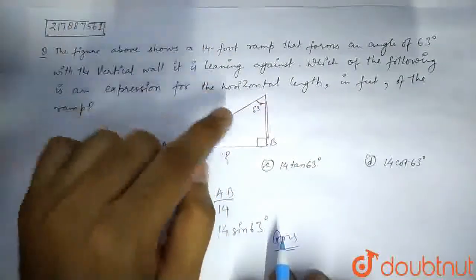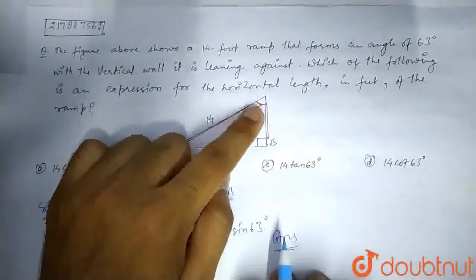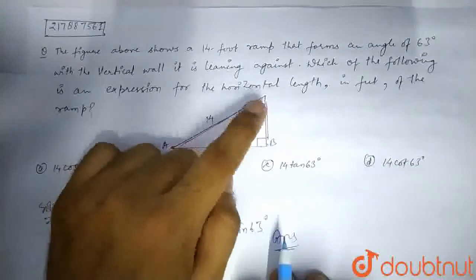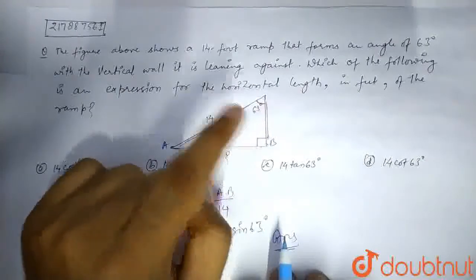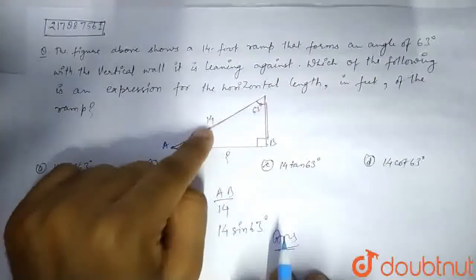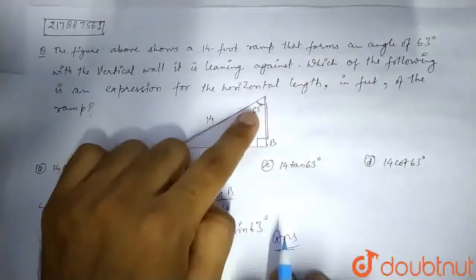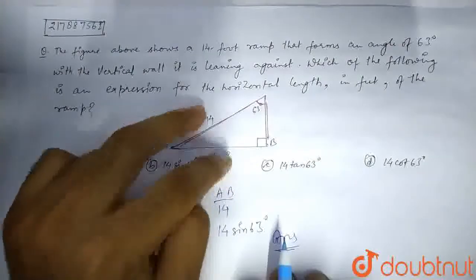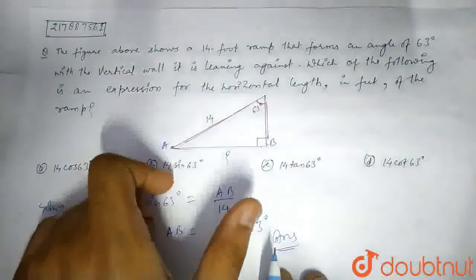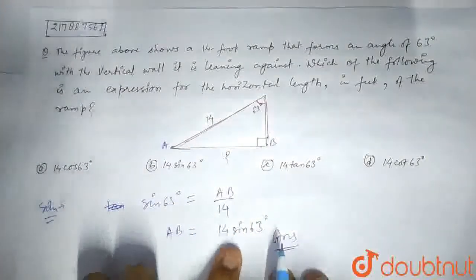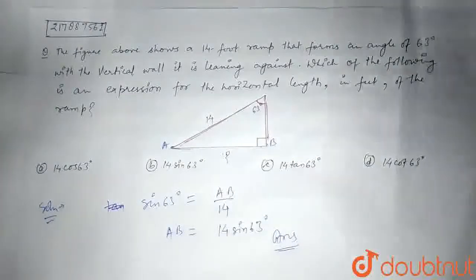It's just a principle that if you are considering some angle, then the side which is exactly opposite to that particular angle will be the perpendicular in that case. And we know that 14 is the hypotenuse, so sine 60 is AB, that is P by H, so AB by 14, and as a result AB, which is actually the horizontal length, is 14 sine 60. Okay, so this is our answer.